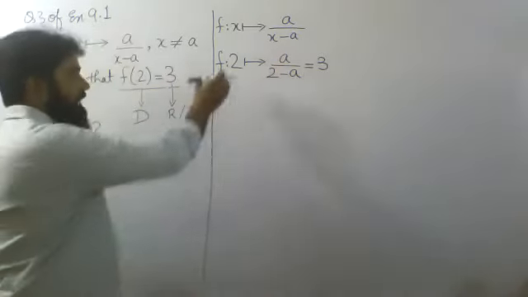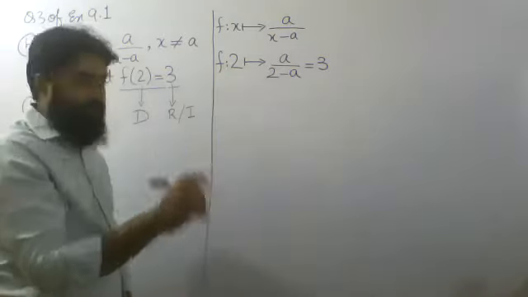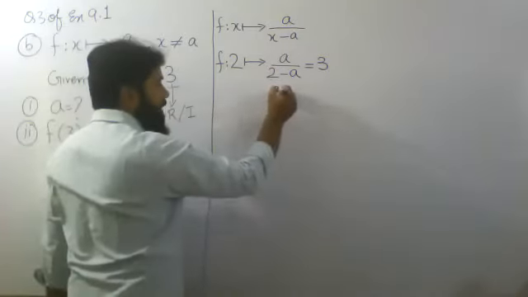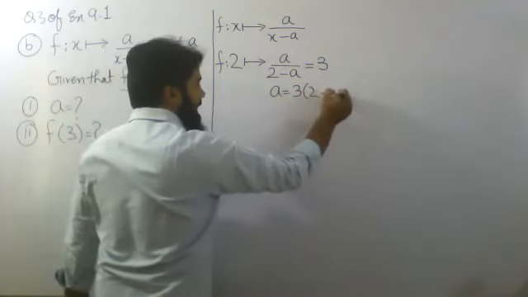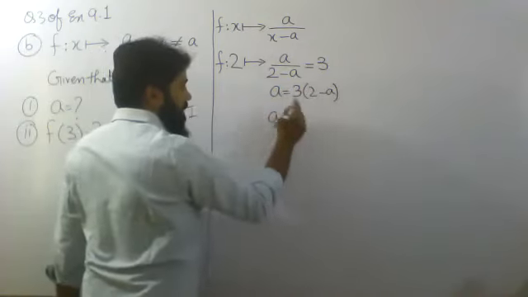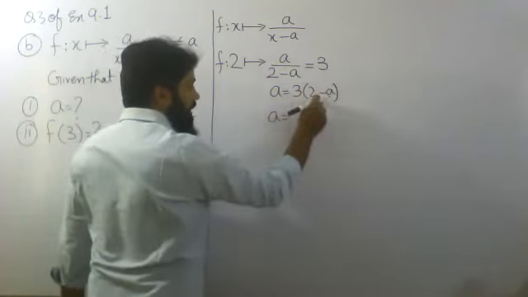After that, if you are not writing this thing, that's fine. So a equals 3 times (2 minus a). 3 twos are 6 minus 3a.